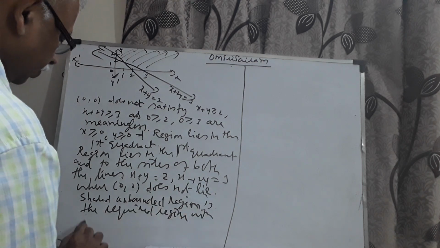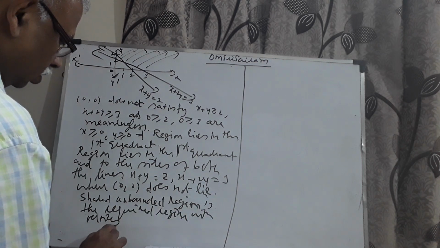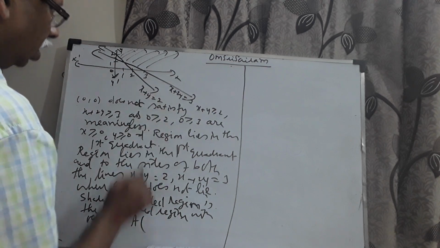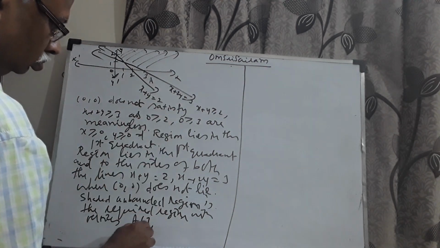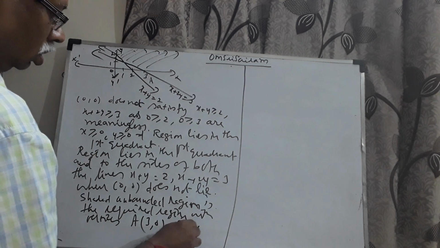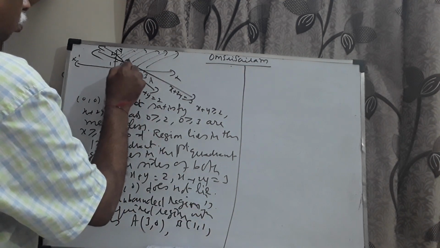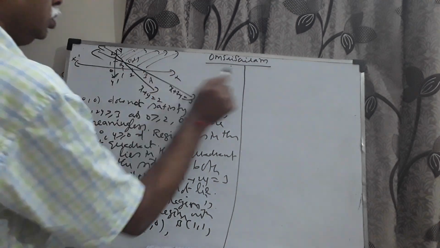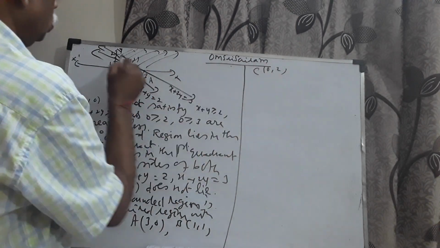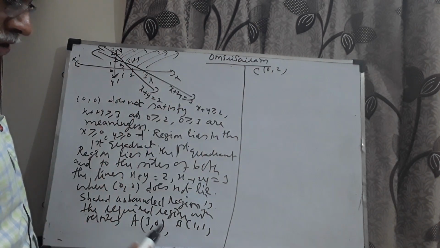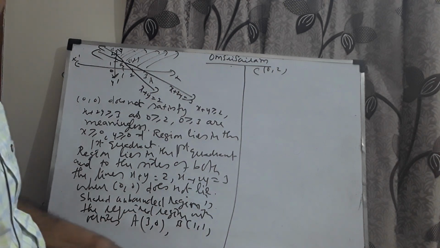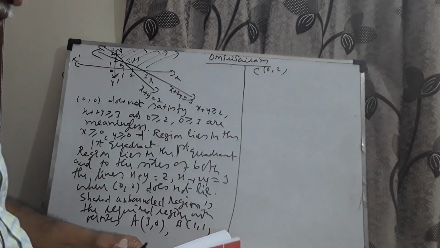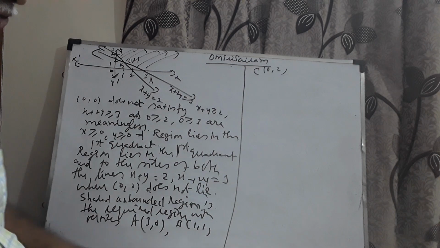With vertices. What are the vertices I will get? This is A (3, 0), B (1, 1), and of course C (0, 2). These are the three vertices of the given region.